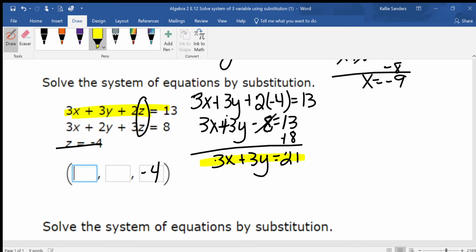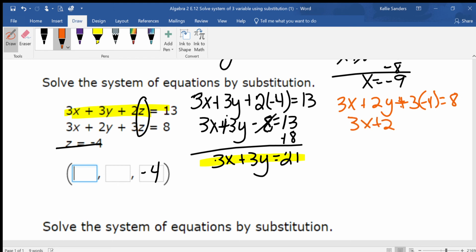That is now that. 3x plus 2y plus 3 times z, which is negative 4, should equal 8. 3x plus 2y minus 12 equals 8.